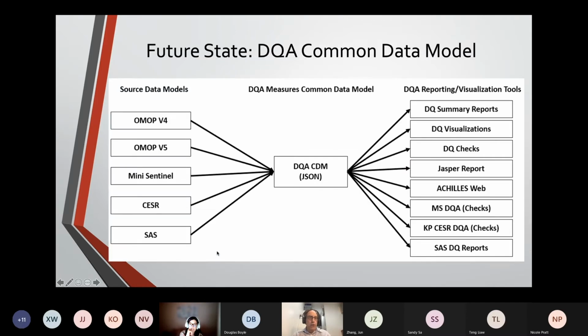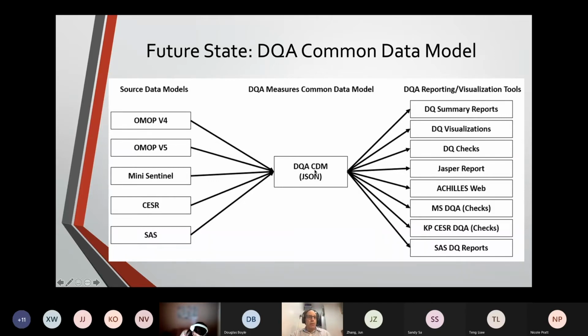My vision, my hope, my dream, my hope that Dougie's going to solve by the time you get to the third lecture today, is to change this idea and come to a common way of structuring data quality measure output, so that each of the computations and each of the tools people are creating, instead of writing to a data model specific structure, writes to this common structure that is data model agnostic.